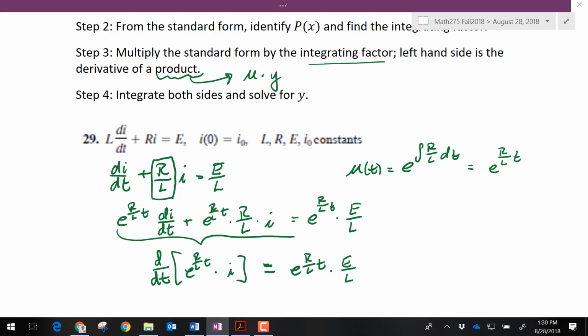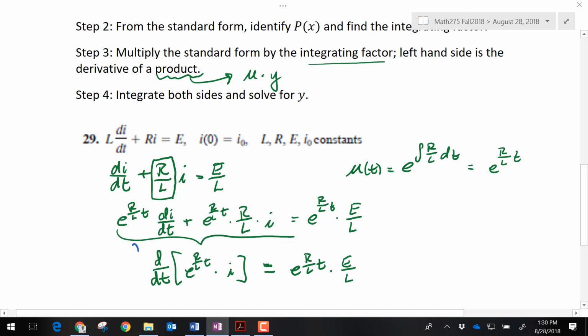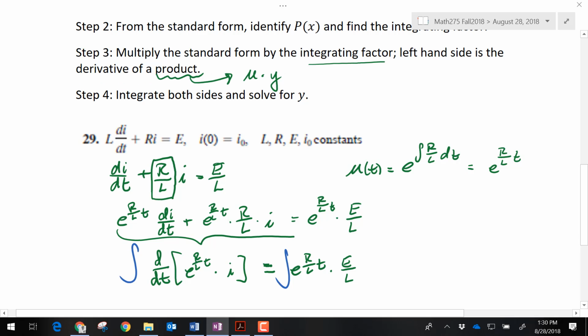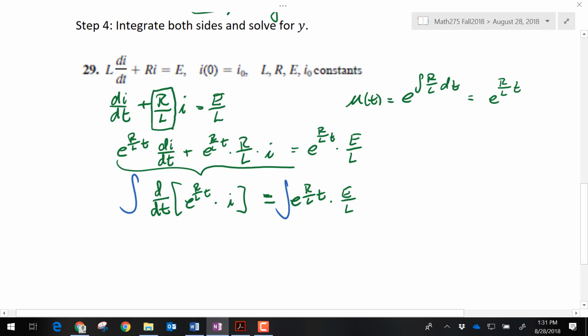So let's integrate both sides and solve. The integral of a derivative is the original function.